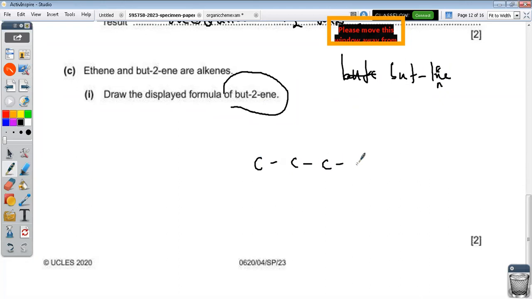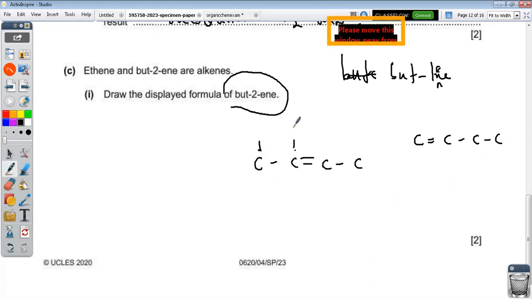It means the double bond is on position what? On the second carbon. Clear? If it's 1 like this, it means the double bond is on the first carbon. I hope it's making sense. In but-2-ene, the double bond is on the second carbon. 1, 2. That's what I mean.